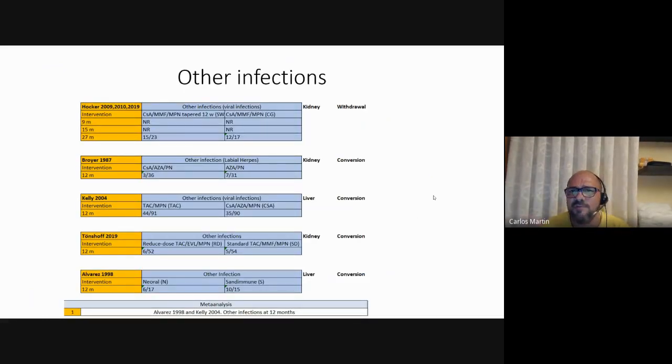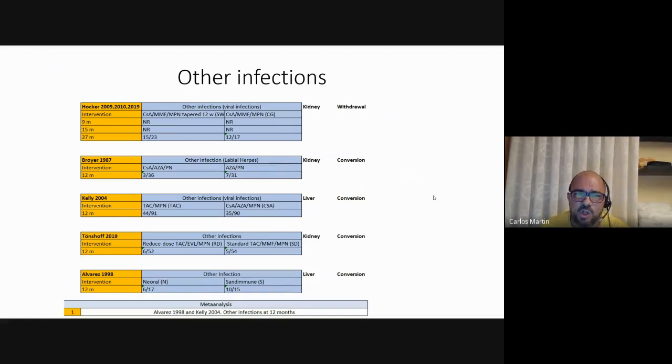In relation to other infections, as you can imagine, we have a lot of heterogeneity coming from the definition of other infections. For example, in Hooker it's based on viral infections. But if you go to Breuer, it's only labial herpes, which is a virus, but probably we cannot meta-analyze. I don't know, again, the panel will decide.